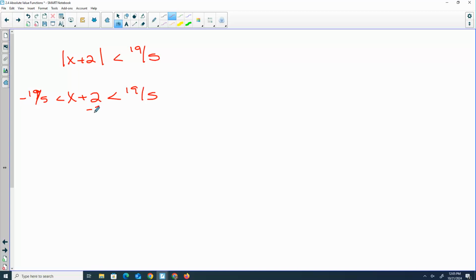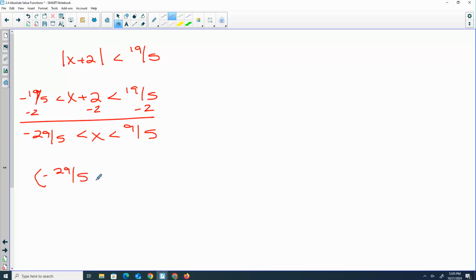And then we can solve. We subtract 2 from everything. And then we know our answer, it's just in between those. It was no equal to, so it's parentheses, -29/5 to 9/5.